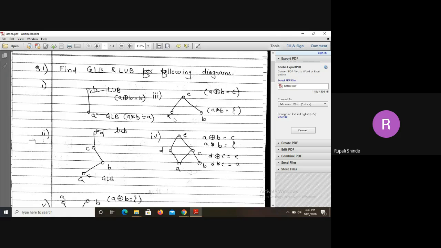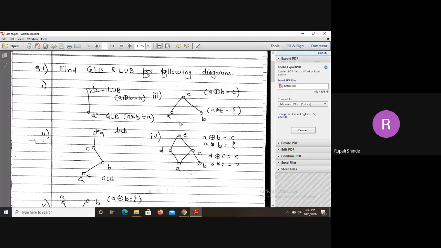Okay. Now consider the third diagram. Can we find the greatest lower bound for this diagram? Consider elements A and B. For these two elements, we have to find the greatest lower bound and least upper bound. Now check whether A and B are meeting at any point.